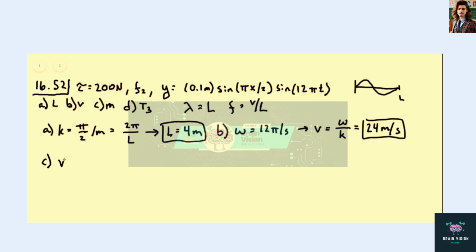So now we want to find the mass. We know on a string that the speed is equal to the square root of tension divided by the mass density. So this looks promising. We have the mass density, and we know that that's equal to the mass divided by the length. And so right here is the mass, which we want.